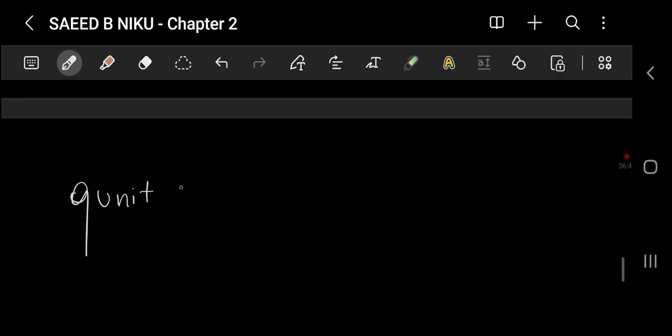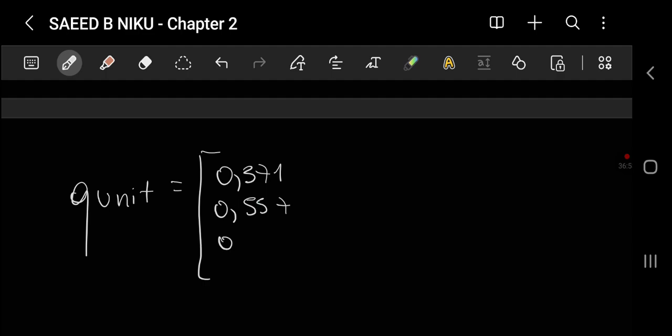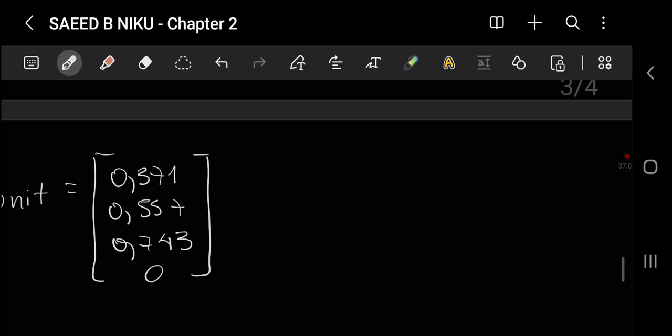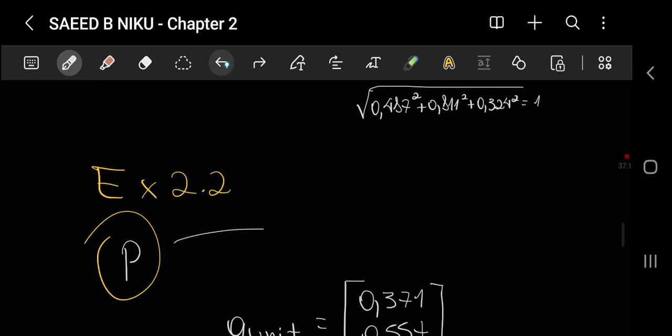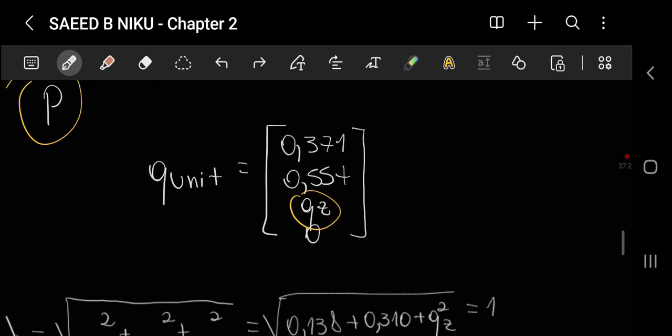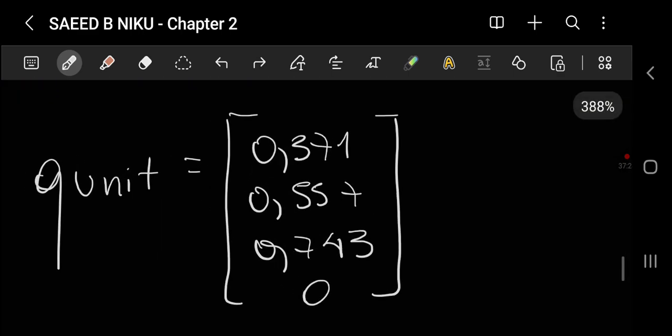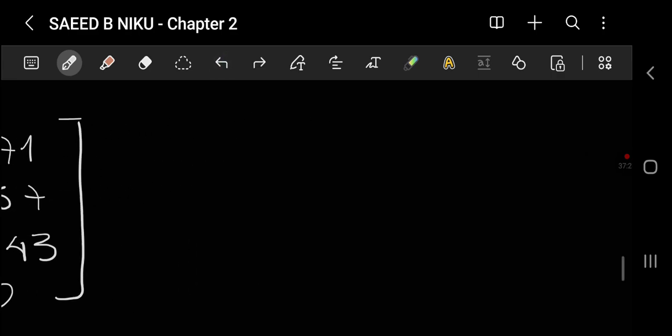Now we can write the unit vector Q, and the exercise says that B, which is the vector that we wanted to find, is in the direction of this unit vector, 5 units long.